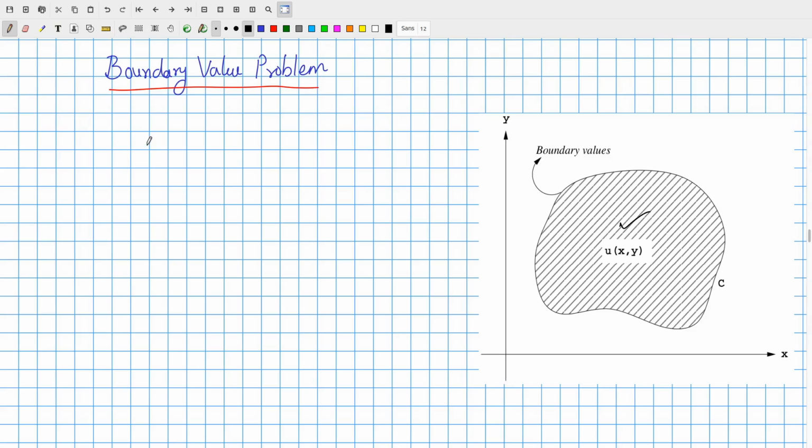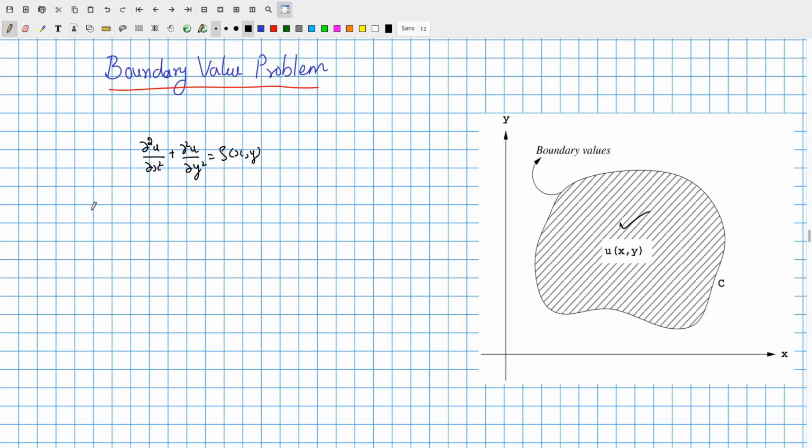So first, let us take the boundary value problem as Poisson's equation, that is del square u by del x square plus del square u by del y square equal to rho of x comma y.